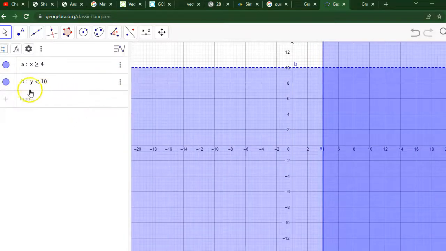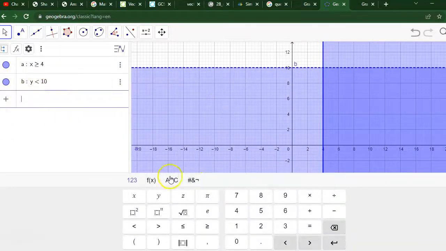Now as in class we were doing a question today, let us say I write x plus y is equal to 8. So you can see that this is the line x plus y is equal to 8.